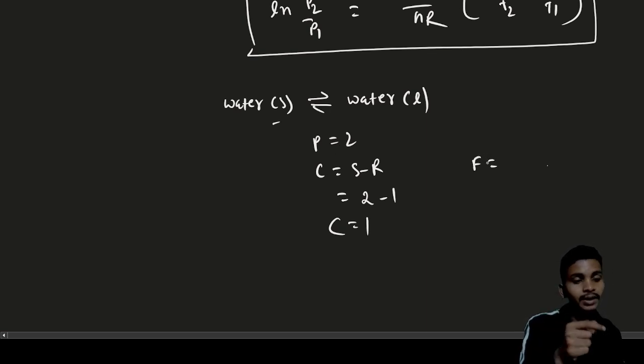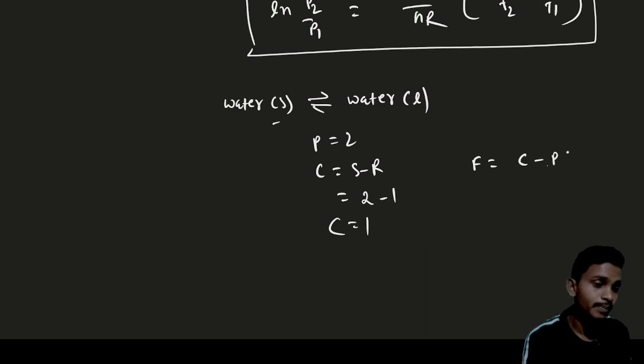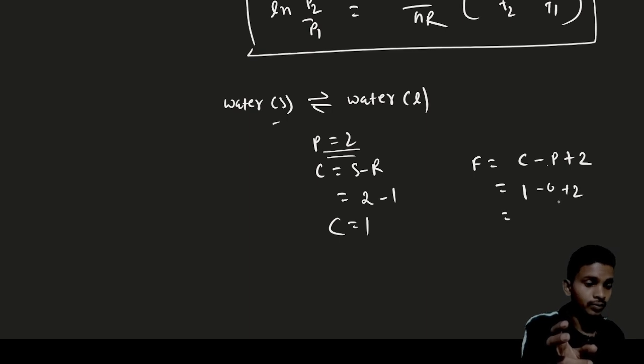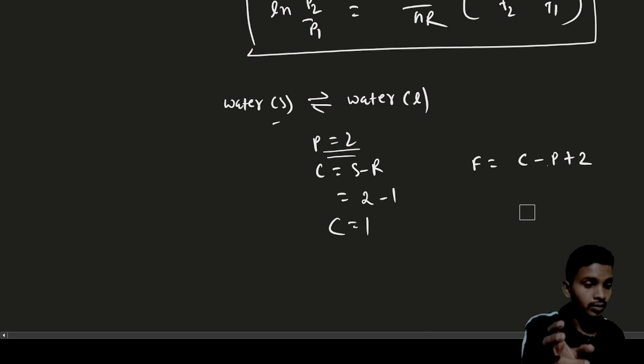So the degree of freedom formula is F equal to C minus P plus 2. Here components is 1 and phases is 2, but the minimum number of phases required for a system to exist is 1, because if phase is 0, then 0 plus 2 will come as 3 phases, but I need the minimum so that the system exists.